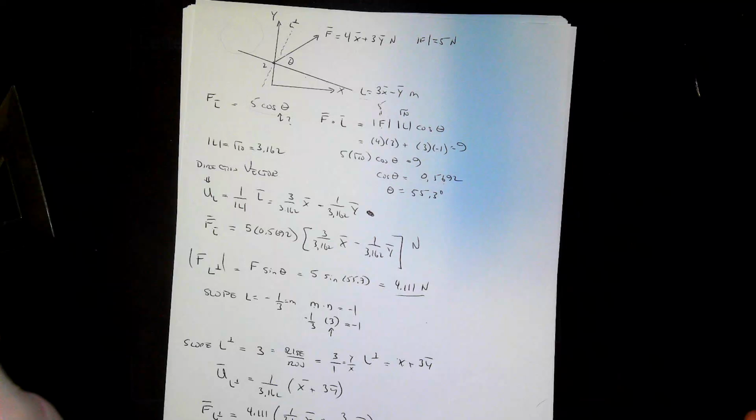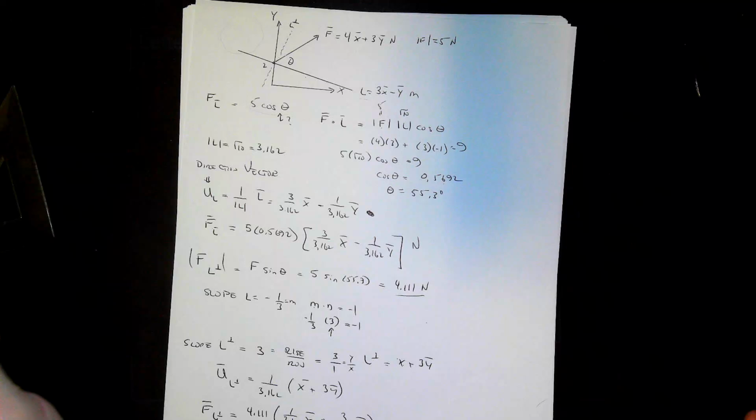And perhaps, let's call that meters, give it a dimension. Well, it's just a direction. We don't care about the length here. So now, if I want to have a force vector along here, which is why I took this out, meters doesn't make sense right now.